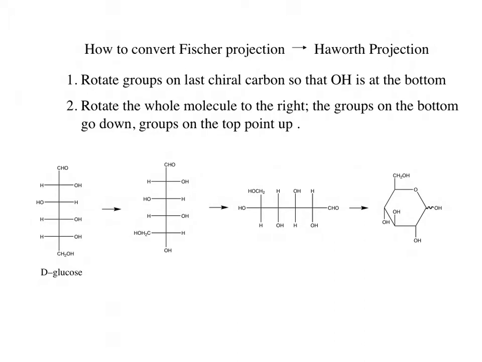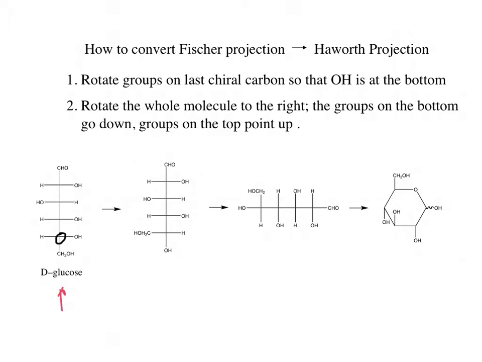And so what we're going to do, going through this, is convert our D-glucose into a Haworth projection. So this, right here where it's labeled, is normal D-glucose. Plain old normal. The first thing you do in this process is rotate the groups on the last chiral carbon, so that's that chiral carbon right there. I'm going to rotate them so the OH is at the bottom.